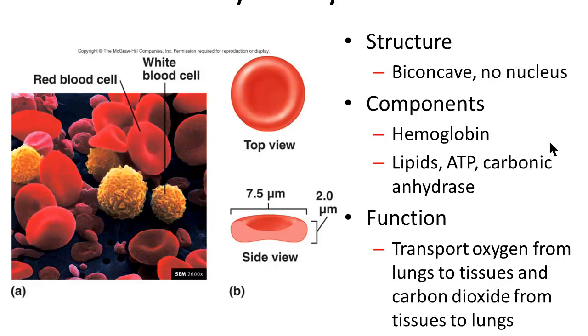Primarily blood to tissues, because we're unloading oxygen from hemoglobin from our blood to serve our tissues. It also contains lipids, ATP, and carbonic anhydrase, which helps in transporting carbon dioxide. Again, you'll learn more details on that in general or advanced A&P. So the key functions are to transport oxygen and carbon dioxide, and it does not have a nucleus.